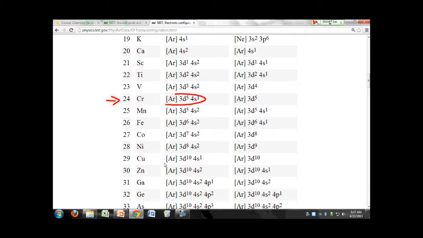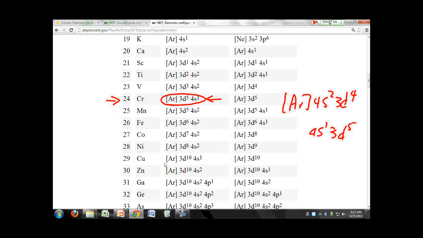It's an exception to the general pattern that we follow when writing electron configurations. This is actually based more on experimental data. And so the electron configuration for chromium, instead of writing that as argon core 4s2 3d4, it's 3d5 and 4s1.